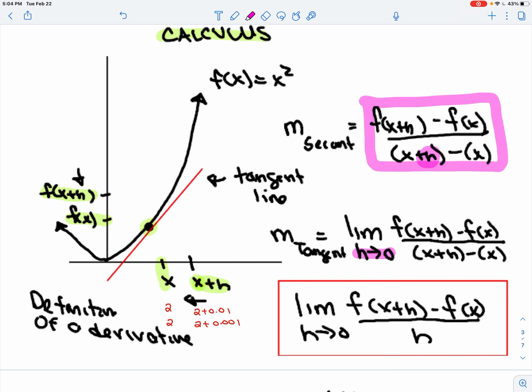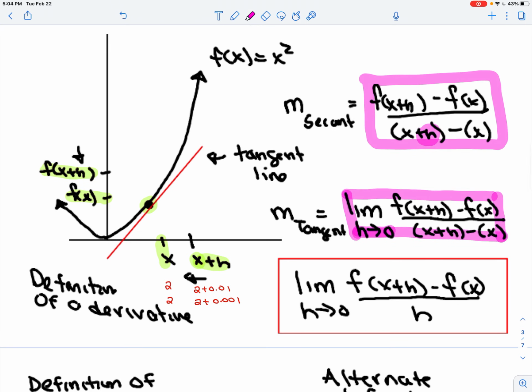And then this will give me the slope of the tangent line, which is called the definition of a derivative. And it nicely cleans up here because, if you're going to take 2.01 minus 2, you can see the x's are going to cancel out, and so you're just left with h on the bottom. Okay, so this is the definition of a derivative.